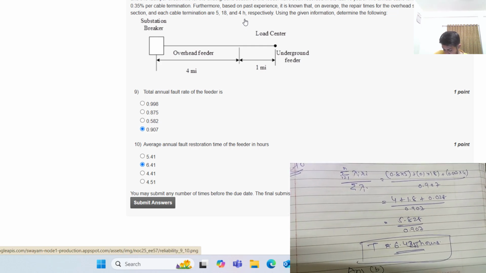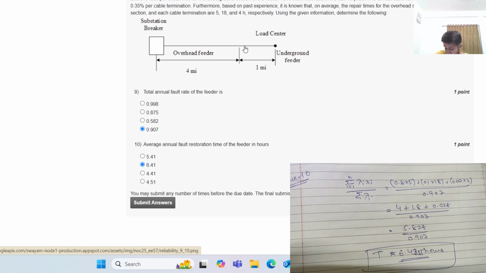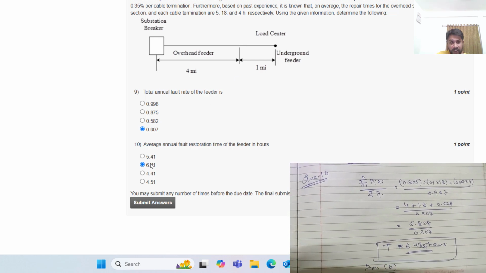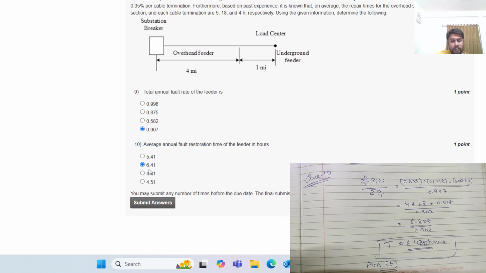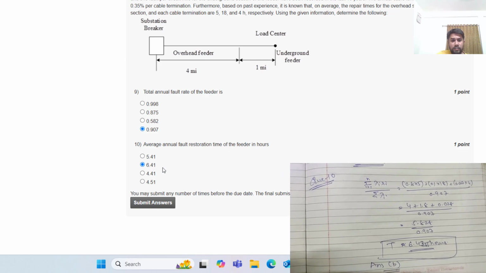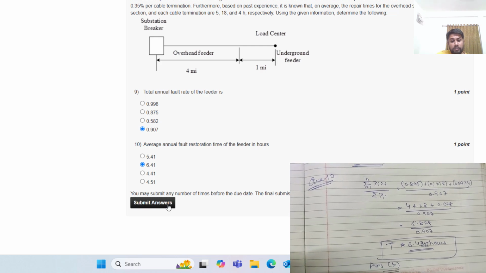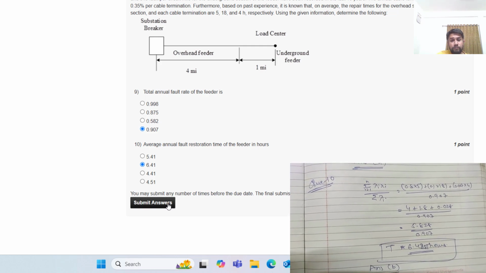So total answer will be 5.828 divided by 0.907, so it will give you 6.4255. So the nearby answer given over here in this example is 6.41. So answer is B. Now I am submitting the answer.